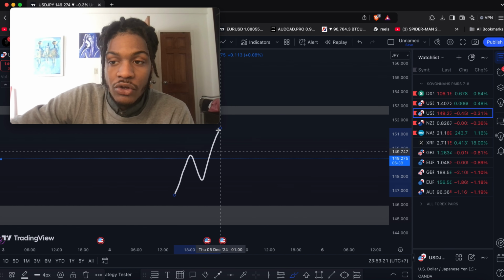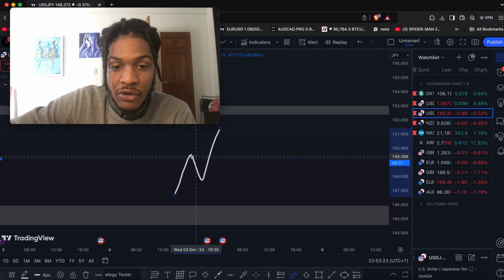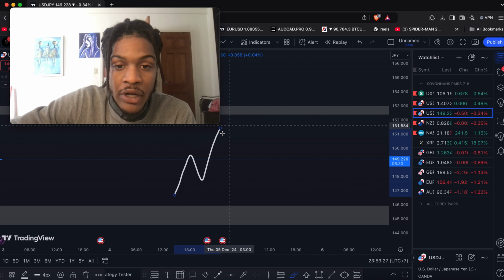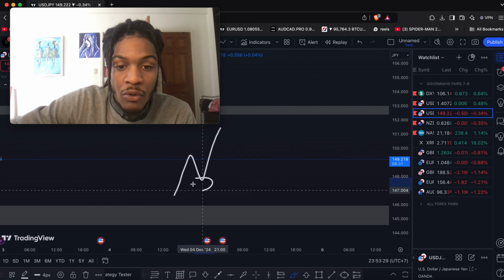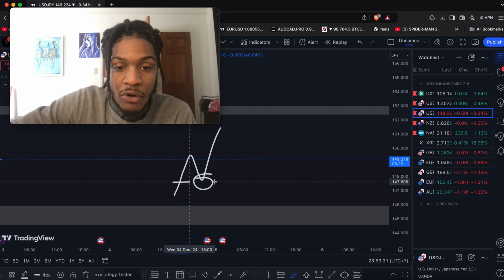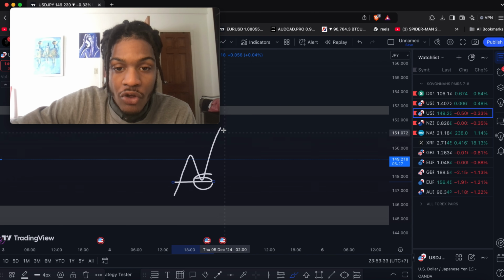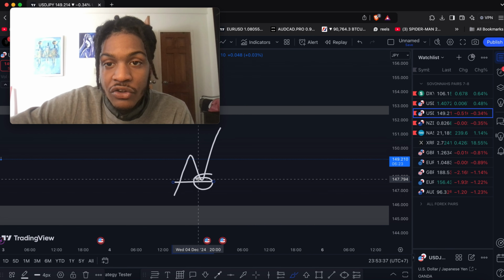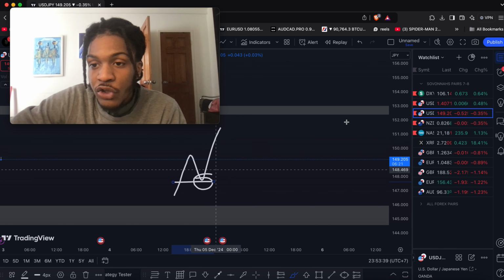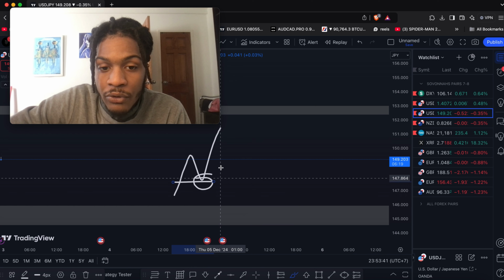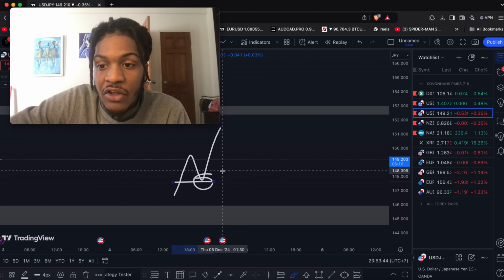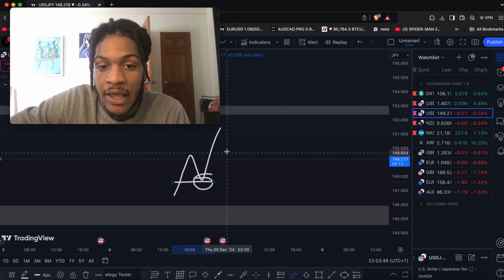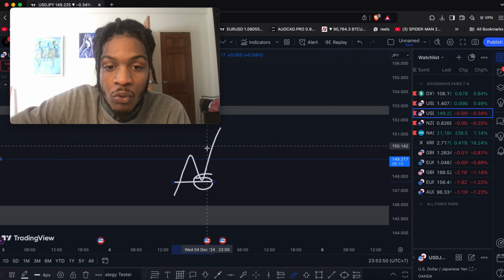To get in a trade here, look at before we went up, where did the market go where I'm circling? It went down on this part of the range. It was low, at a cheap price. If you look at the numbers on the right, the lower we go in the range, the lower the numbers get: 148, 147.